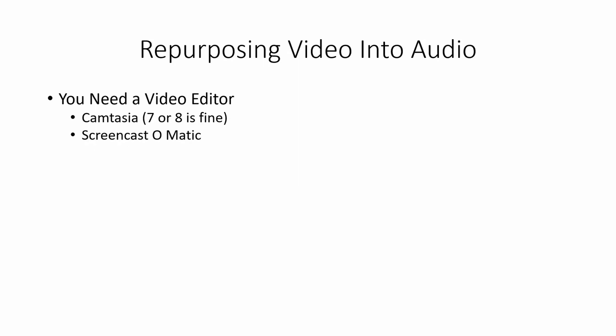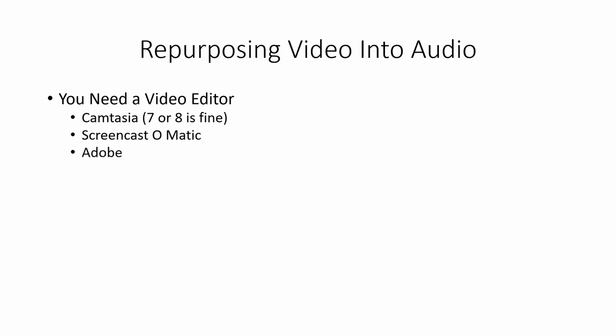It does a lot of the same things that Camtasia does, and it's a lot more cost effective, right? So if you feel like $200 or $300 is a big bite, then you can get Screencast-O-Matic. It does many of the same things, and honestly, to do some of the things we're going to be doing, it's going to work just fine. It's going to work differently, however, it's going to work fine.